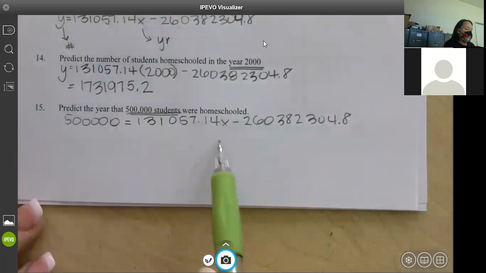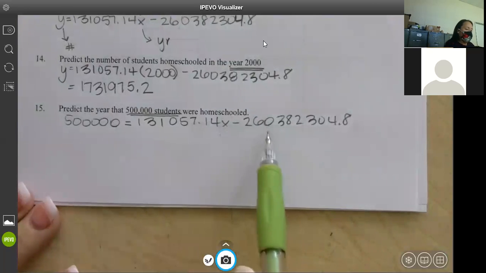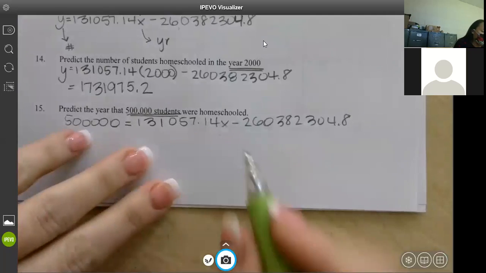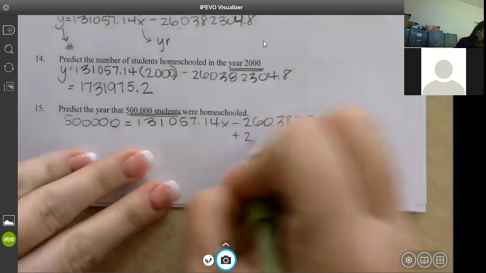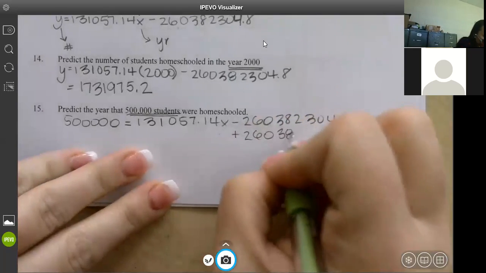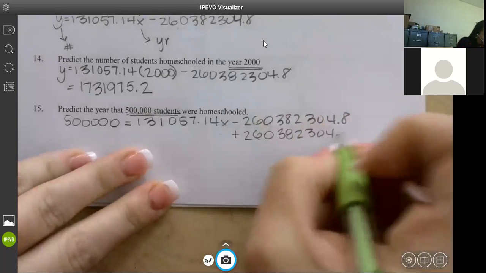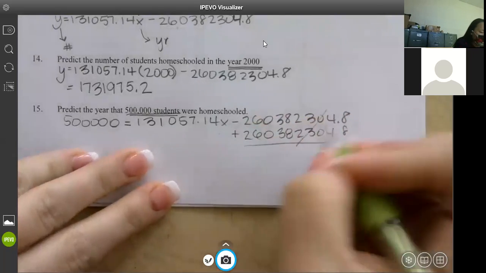All right, so we're going to solve for X. What's on the same side but not with it, this negative 260, blah, blah, blah. So to get rid of it, we're going to add it. So that side will cancel out.